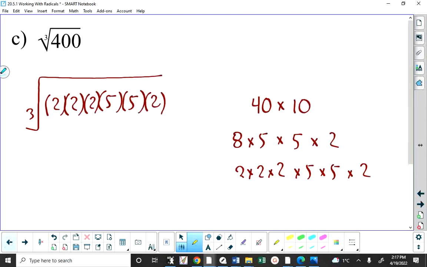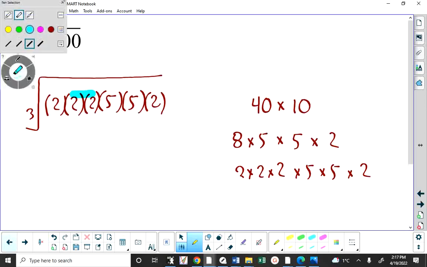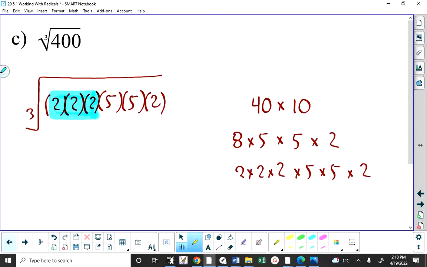So when we go over here, this thing is going to go out as a single item. So it is 2 times the cube root of, what do we have left over? We have 5 times 5 times 2, which is, I think, 50.